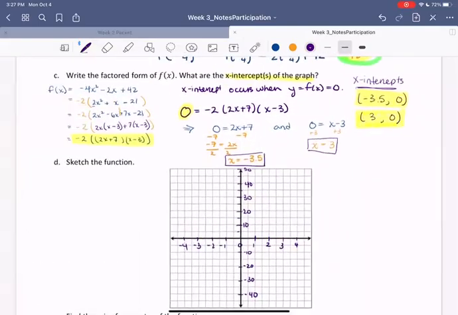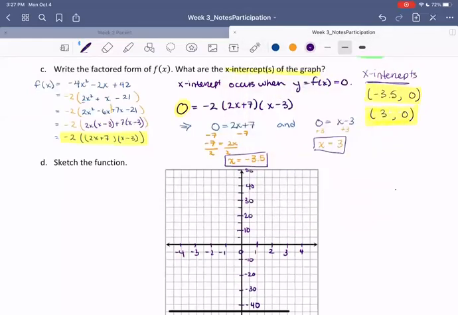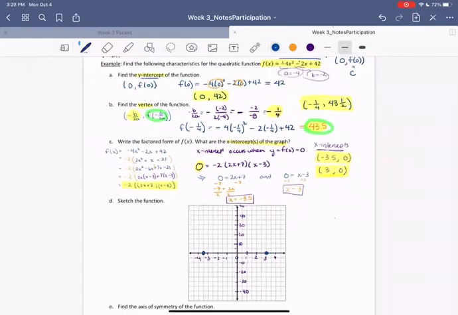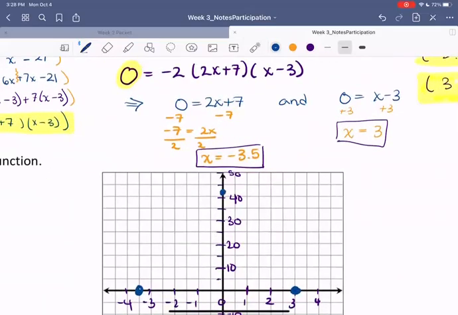So first of all, those x-intercepts, well, I have one sitting here at 3, 1, 2, 3, 0. So I'll plot my point here. I have another one at -3.5, 0. Those are my x-intercepts. My y-intercept is 0, 42, so way up here, about here.